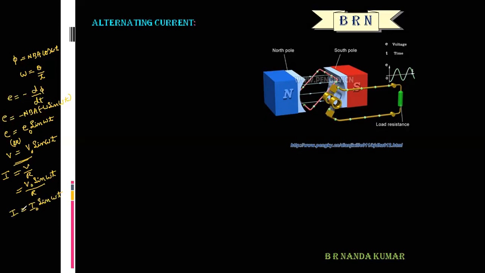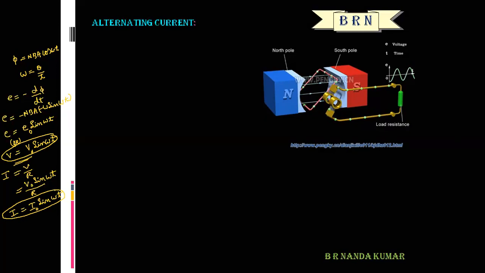I is equal to I naught sine omega t. So E is equal to E naught sine omega t, or V is equal to V naught sine omega t, is the mathematical expression for instantaneous alternating voltage. And I is equal to I naught sine omega t is the mathematical expression for instantaneous alternating current.